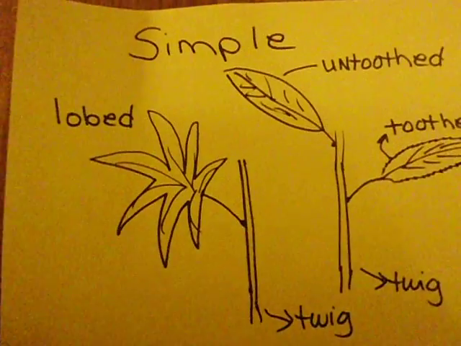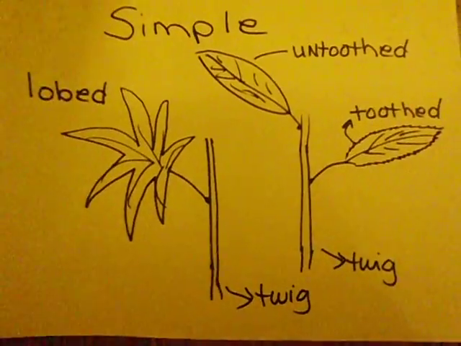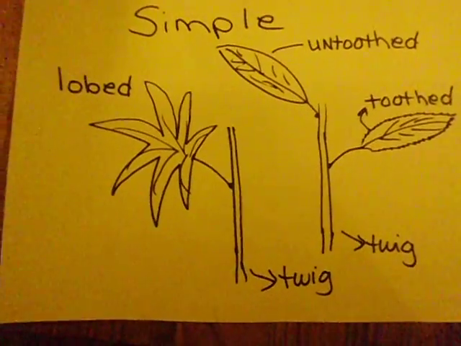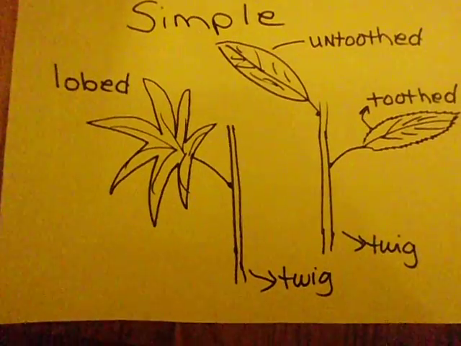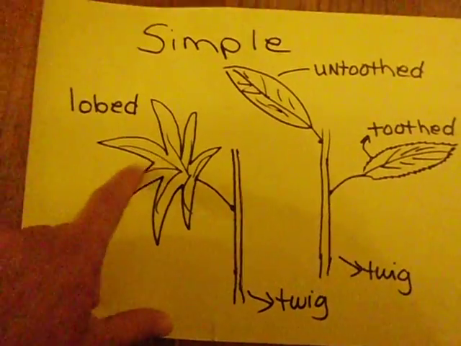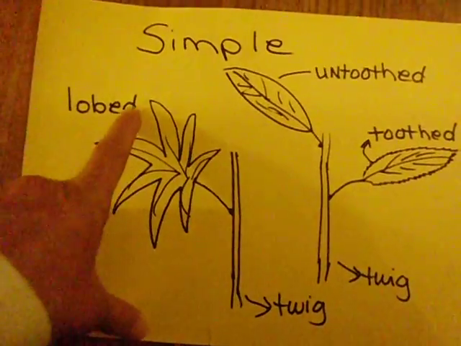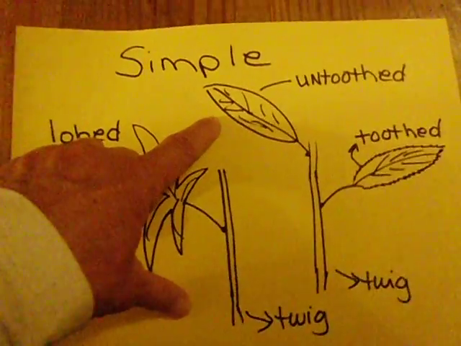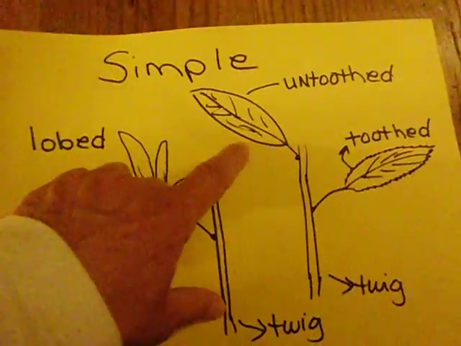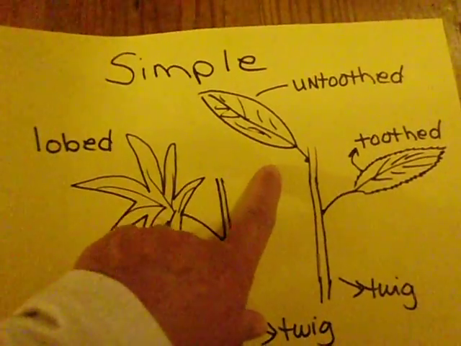The opposite of compound would be having simple leaves. Simple leaves can be lobed, such as a maple, the oaks, and a sweet gum. Right here we have a leaf that has kind of a depression, versus having a simple one. Then there are simple leaves that are untoothed and toothed.